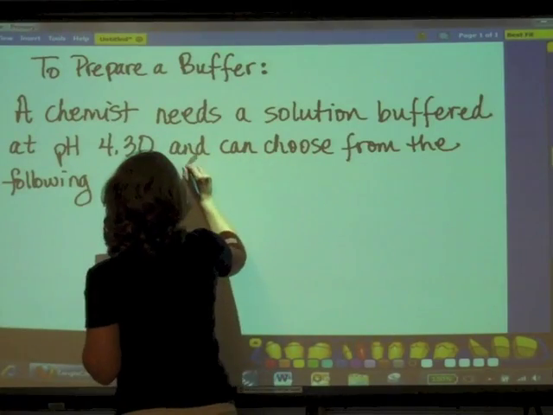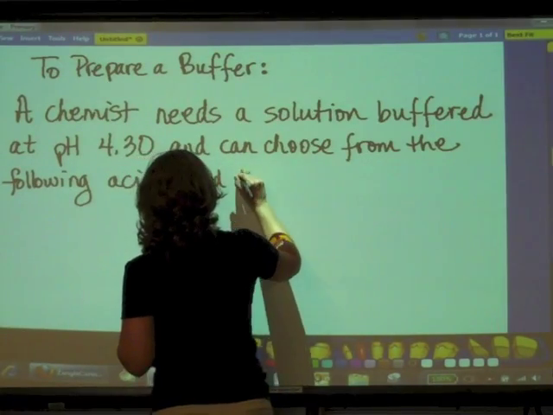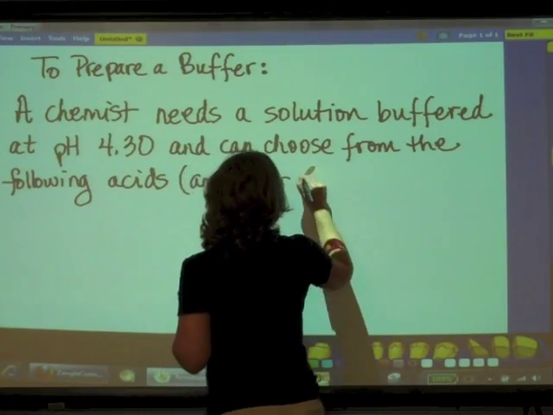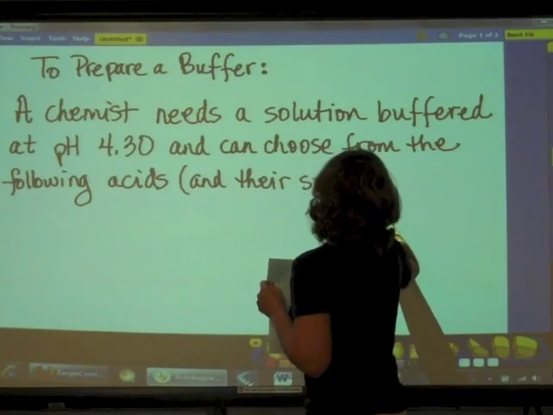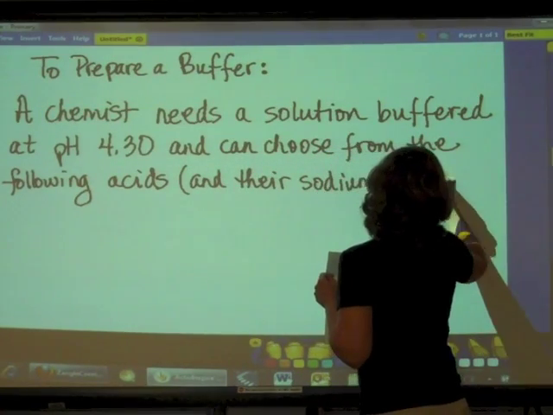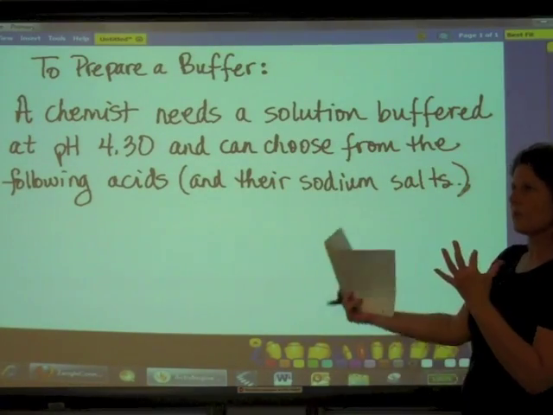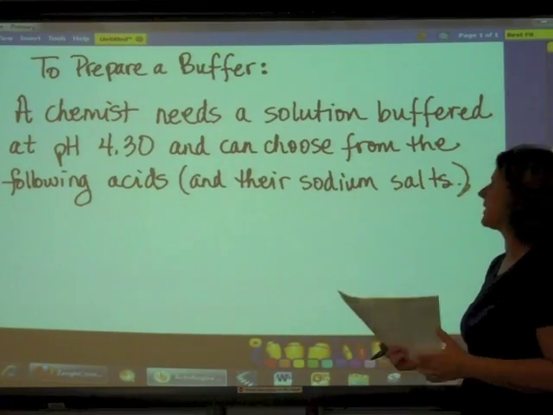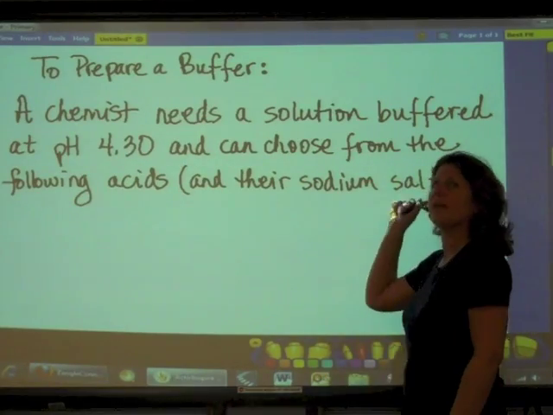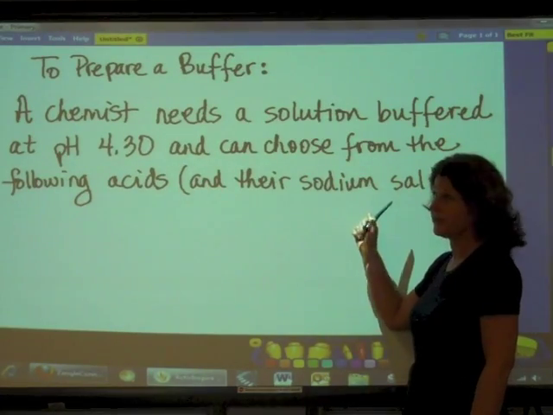And their sodium salts. Okay, because remember, buffers are also always a pair, an acid along with its conjugate base. Where is its conjugate base coming from? It's coming from the anion of some salt.